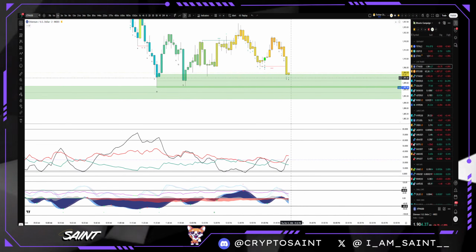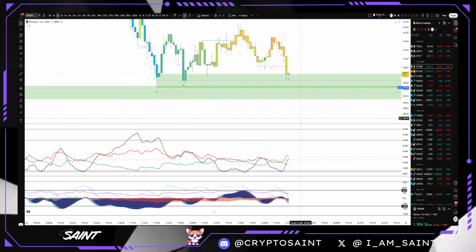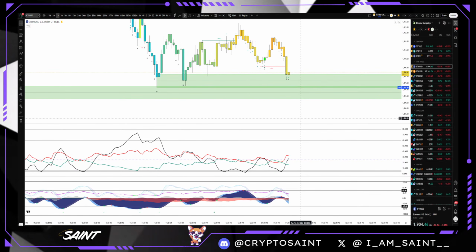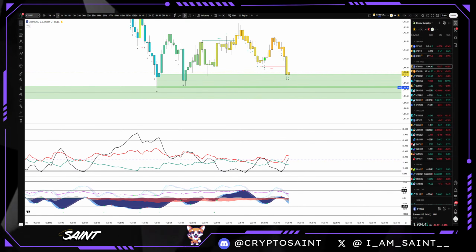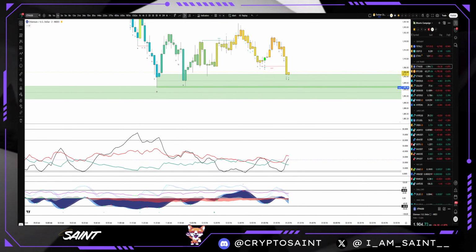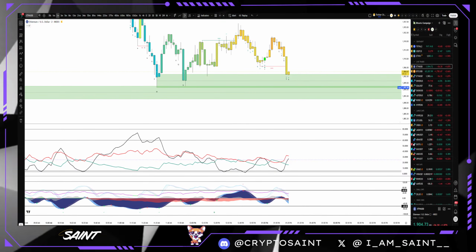We cleared that imbalance, got right into that order block right there. Some of the trades that I had staggered just got picked up. My stop is just below that low that we see.